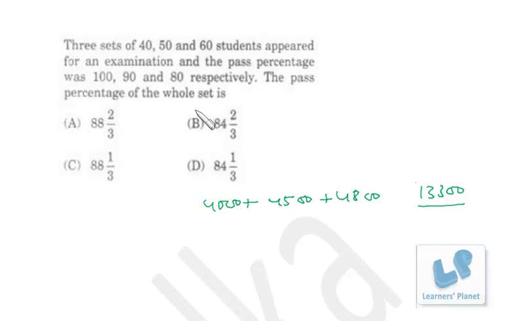Or we can say arithmetic mean. Now the total number of students is 40, 50 and 60, that is 150. Okay, so this is the calculation that we have to make.